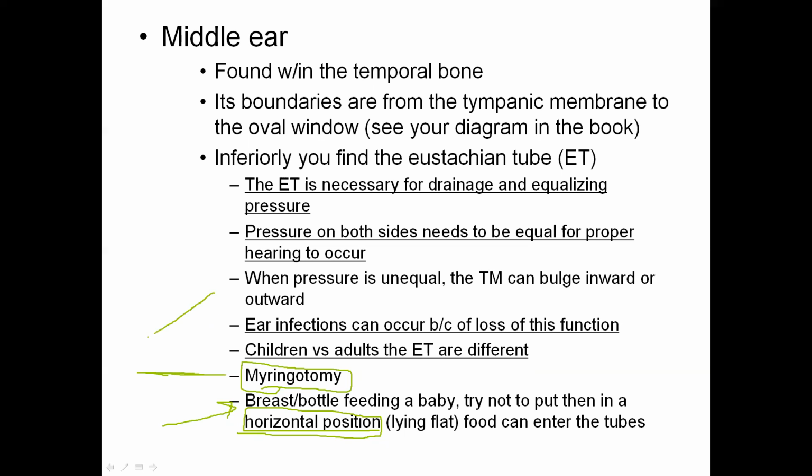So you want to make sure that they're more oblique or diagonal when you feed, to minimize the chances of fluid getting into the tubes, therefore getting into the ears, therefore causing possible ear infections and other problems.